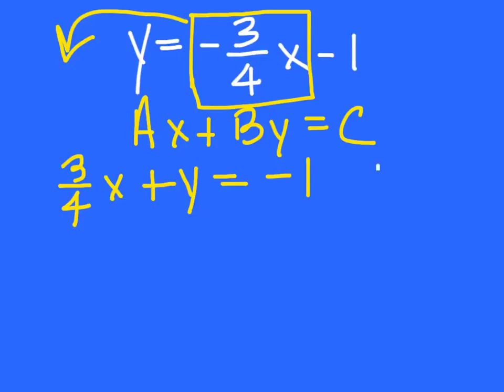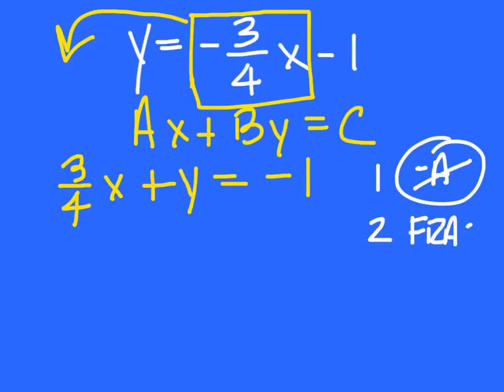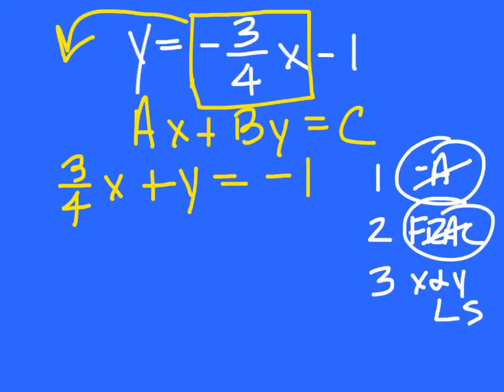Don't forget the 3 rules. You cannot have a negative a. You can have no fractions. And x and y must be on the left side. We'll make that LS, left side. Well, this one is satisfied, and this one is too.